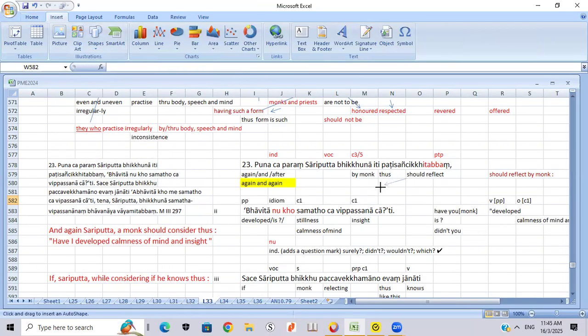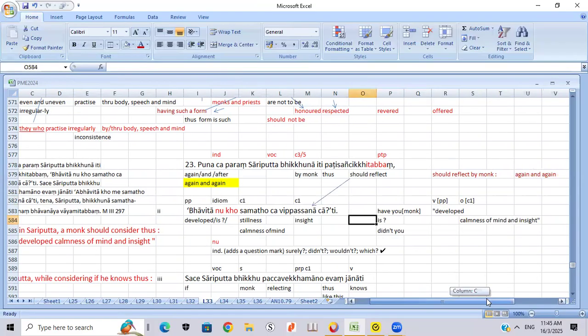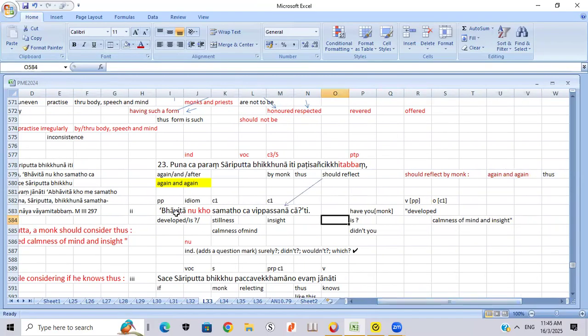This reflection is actually vipassana. Technically, this is a past participle. The word nuko means interrogative. In this particular line we are going to use have you, because here it is by a monk.